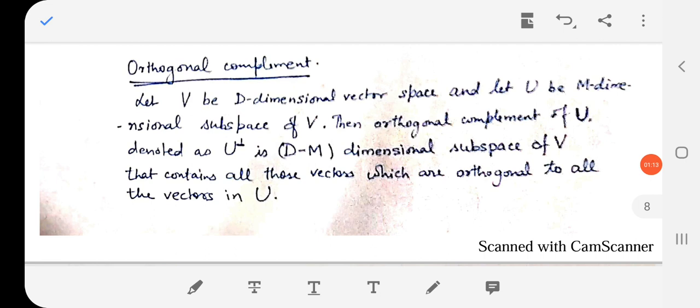Now, interestingly, we can talk about the orthogonal complement.